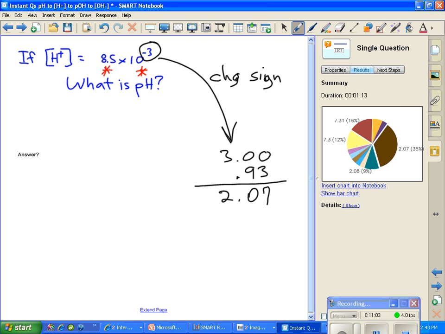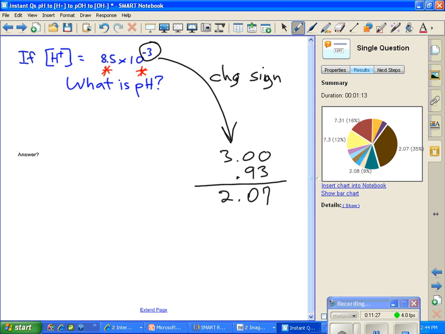Okay? Now, the 7.3s that I'm seeing here, can anybody tell me what got you going towards that number? What did you do wrong? Do you know? No, okay. The 2.08, is that still correct? Oh yeah, 2.08 is fine. No problem at all. 2.7, 2.8.